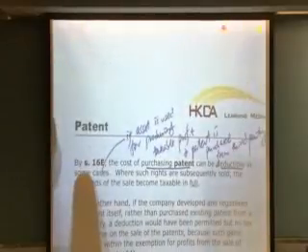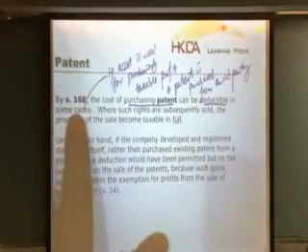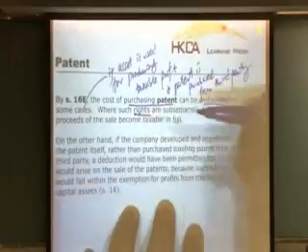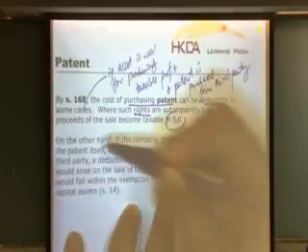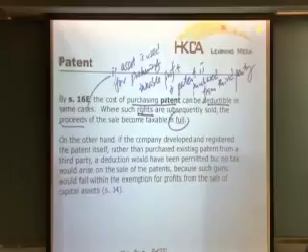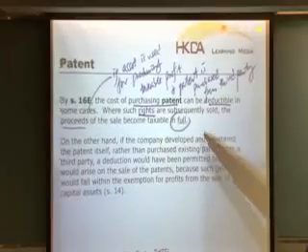But this is quite different from PowerPoint 33, section 16E. When you sell the patent, all the proceeds will be taxable, even though the proceeds are more than your deduction already claimed. All right? That is quite special for patent.